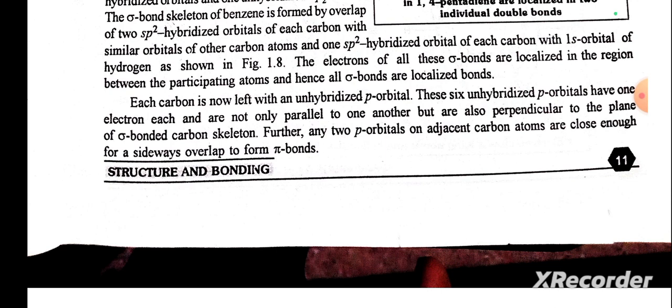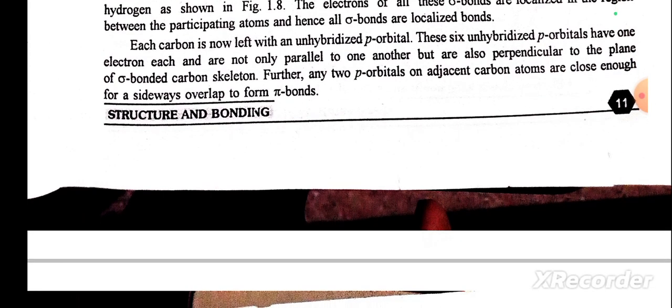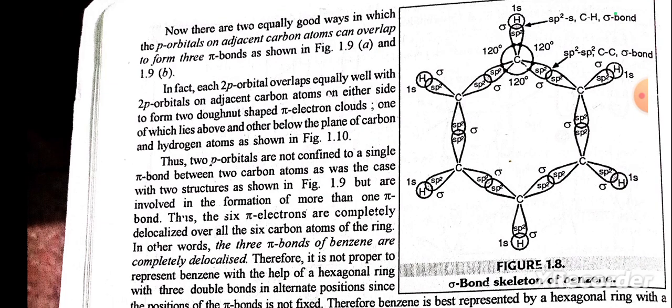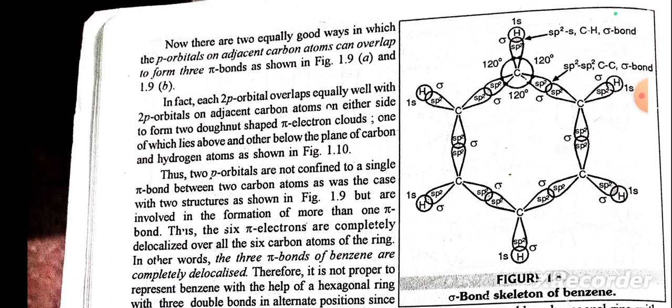The p orbitals on adjacent carbon atoms are close enough for a sideways overlap to form a pi bond. There are two equally good ways in which the p orbitals on adjacent carbon atoms can be overlapped to form three pi bonds, as shown in figure 1.9 A and B.